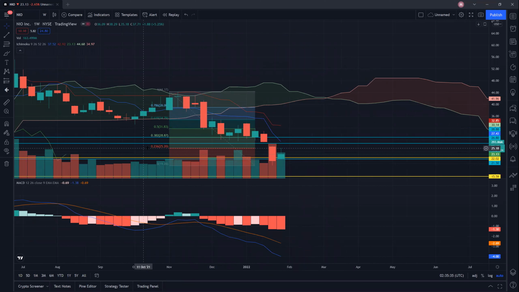It hit the resistance at 25.20 and then it pulled back down. So the next resistance will be 28.87, which is also a good opportunity to either cut your losses or take your profits at these 28.80 levels. So these are the key areas to watch out for.